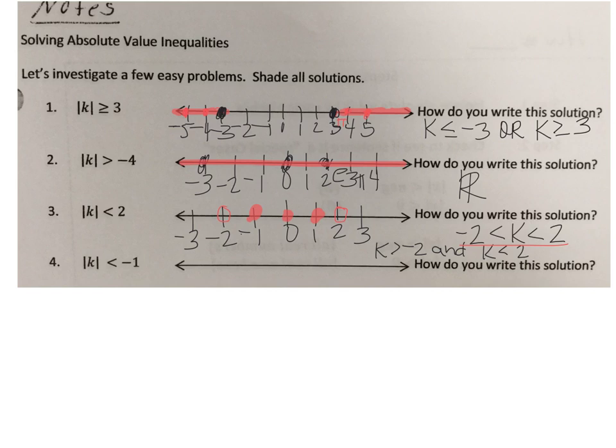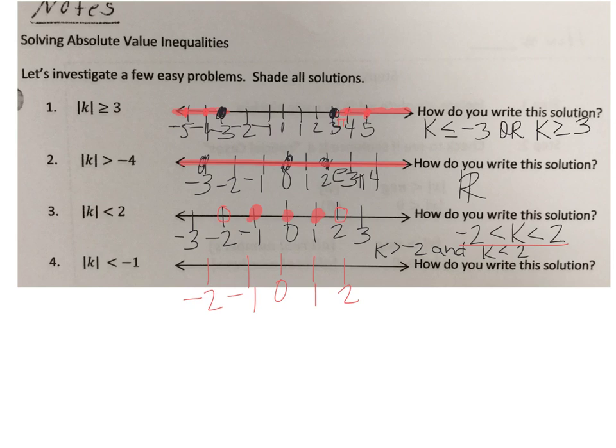All right, and let's look at the last one. Can you give me a number whose absolute value is less than -1? 0. The absolute value of 0, is that less than negative 1?